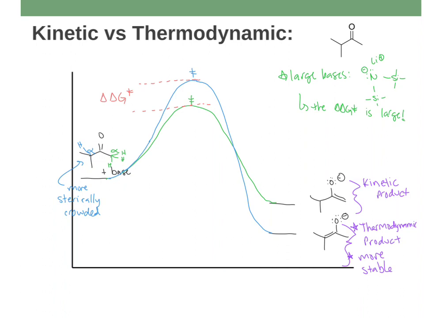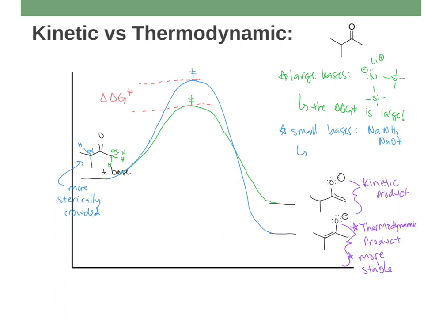Versus small bases are going to have a smaller delta G double dagger. Small bases, so things like NaNH2, sodium hydroxide, stuff like that, right?